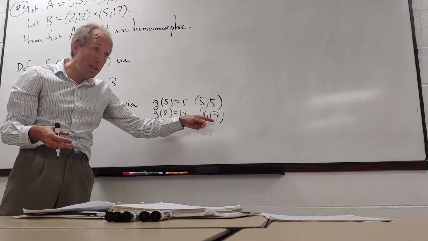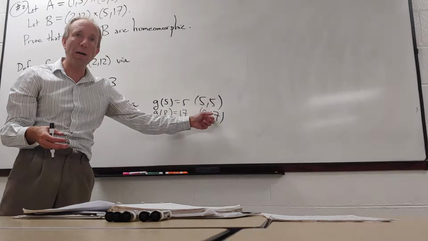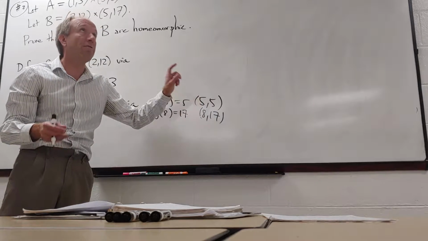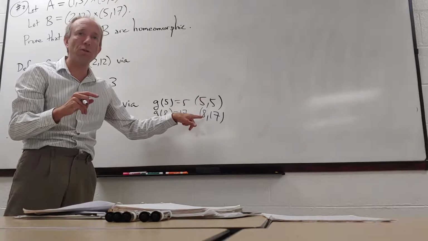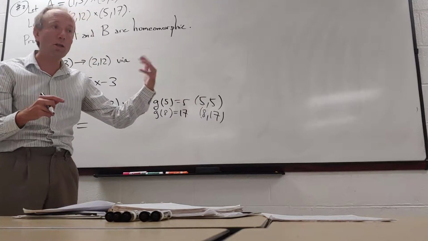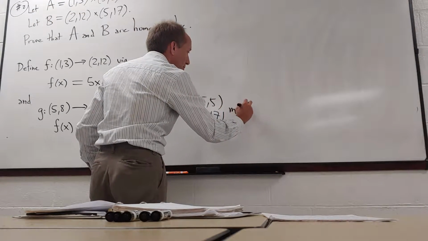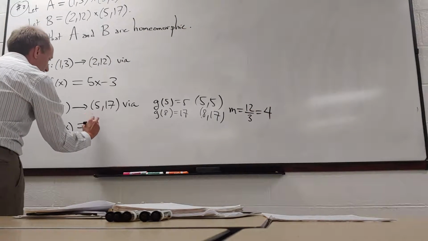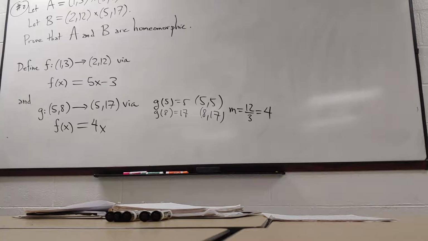So the slope of this line is the difference of the y coordinates, which is 12, divided by the difference of the x coordinates, which is 3. So the slope is 12 over 3, which is 4. So we're looking for 4x and then plus or minus something, right?